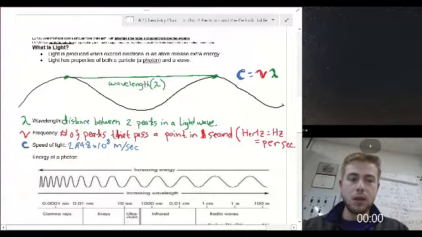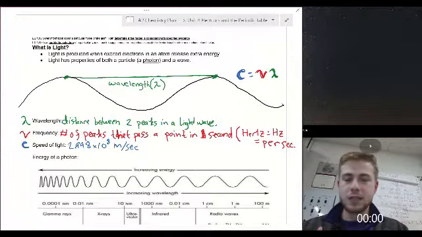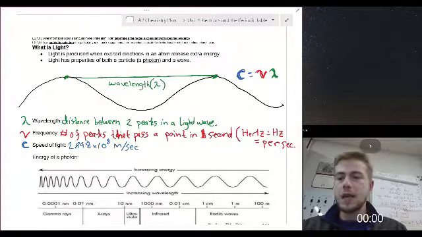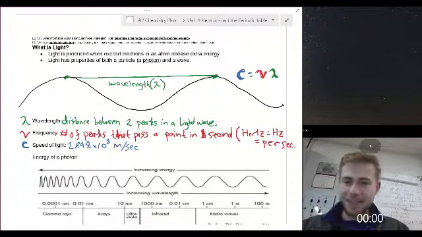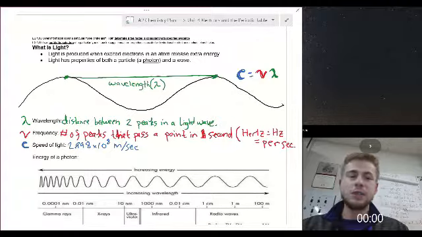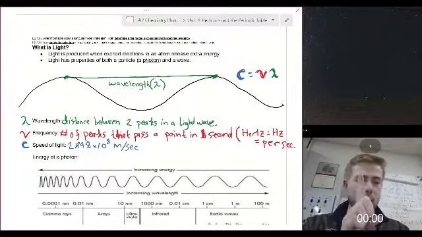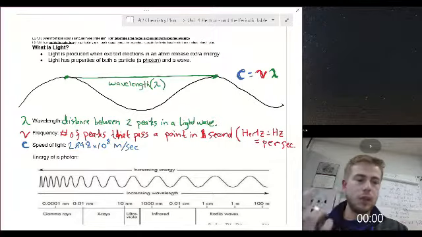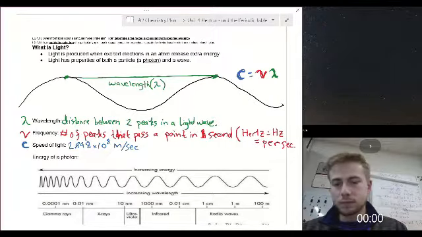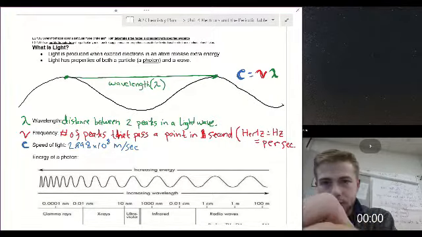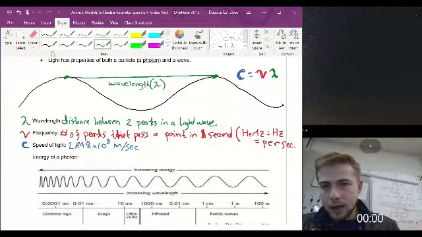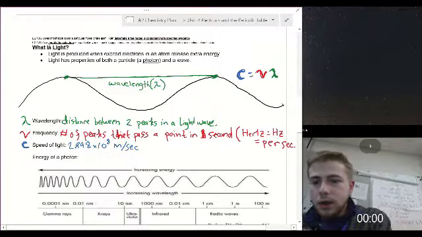Those are the 3 properties of light. The last thing I want to talk about before we move past light is the energy of a photon. So we can actually measure the energy of just one single photon using a very specific equation. So I'm going to turn back to black. All right.